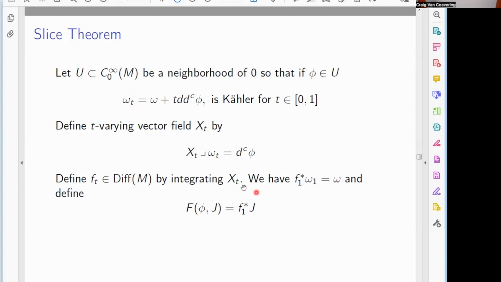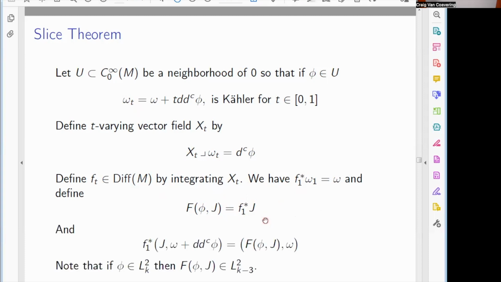This was implicit in some of the other things I did, but I didn't go over the details. This gives you the new almost complex structure, or complex structure, which is compatible with omega, because it takes this Kähler structure back to this one.